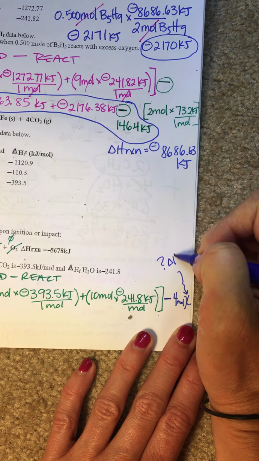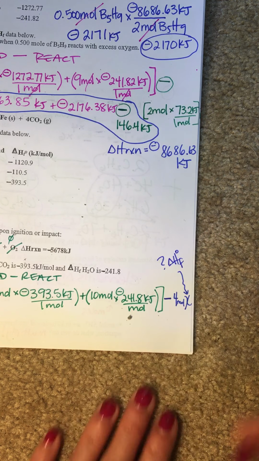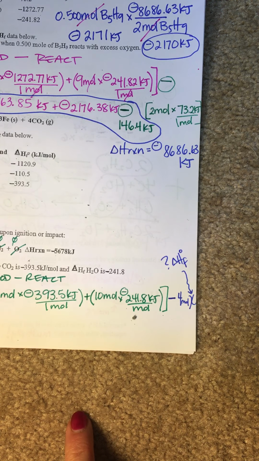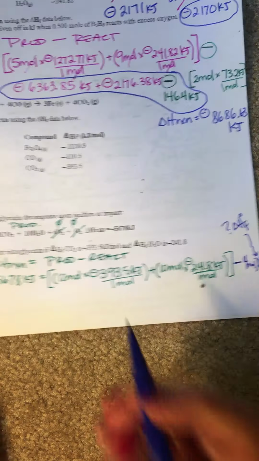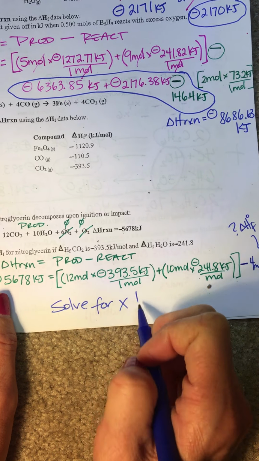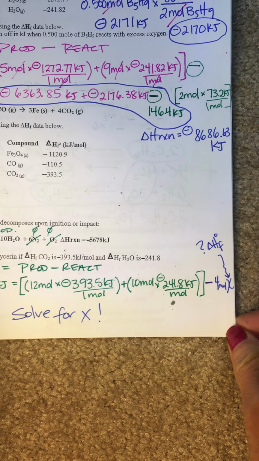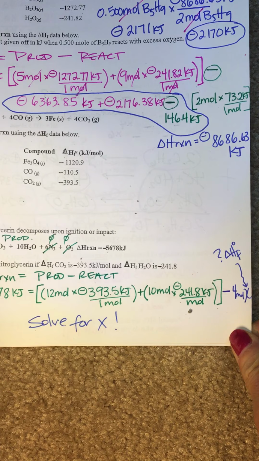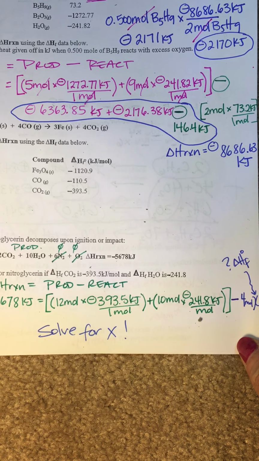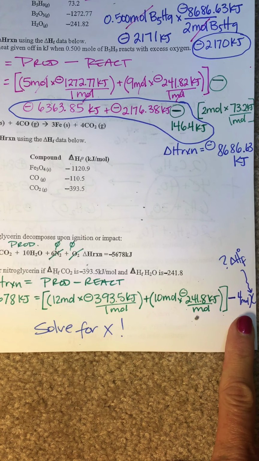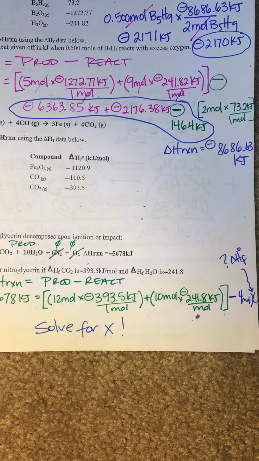We want to know the heat of formation for our nitroglycerin. So we've got 4 moles X, or minus 4X. So you need to solve for X. So see if you can do your algebra at home. Remember, you want X on one side of the equation, and your X final unit should be in kilojoules per mole when we divide by that 4 moles. So we should have kilojoules per mole for that heat of formation.